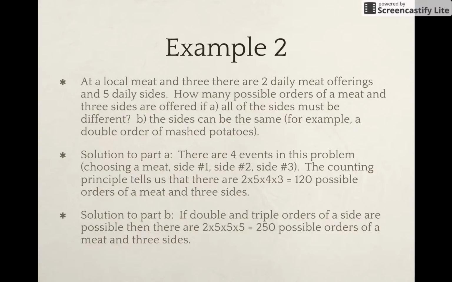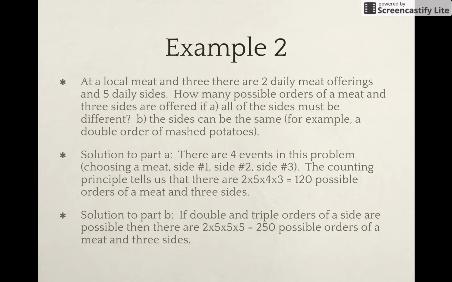All right, so in part A, when all the sides must be different, viewing this in the fundamental counting principle, we would say that we have 4 events. We have the event of choosing a meat, and the event of choosing a first side, second, and third. And so, again, the counting principle tells us to multiply the ways each of those can occur.